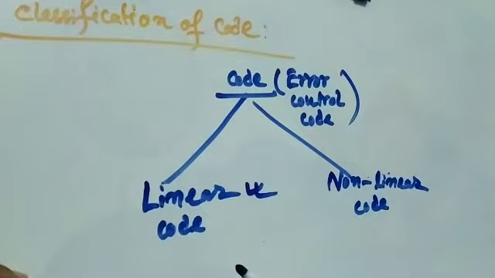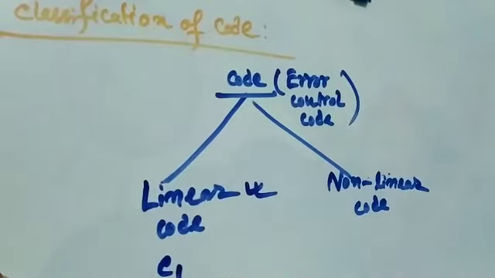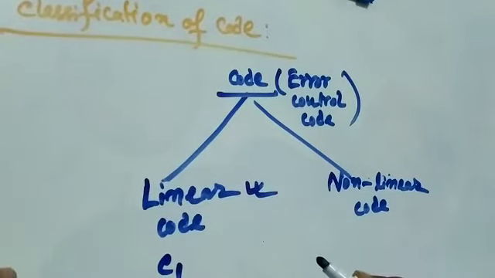Linear code has an important property: any two code words belonging to a linear code, when added by modulo 2 addition, the newly created word is also a code word belonging to that code. But this property is not observed in non-linear code. That means, suppose C1 is a code word belonging to a certain linear code and C2 is another code word belonging to that code.